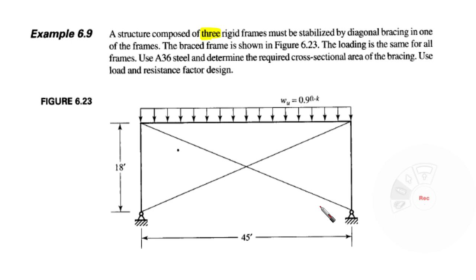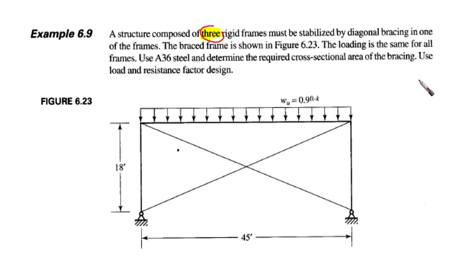We're going to talk about one example that is already in the textbook, and this example is talking about stability bracing for a frame. Here, a structure composed of three rigid frames must be stabilized by diagonal bracing in one of the frames.